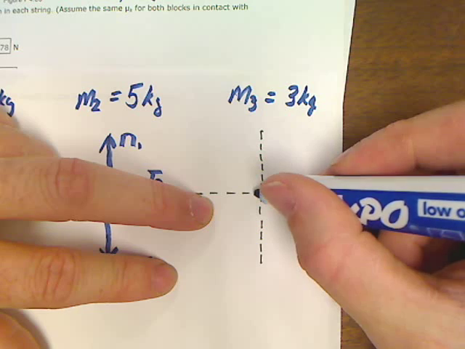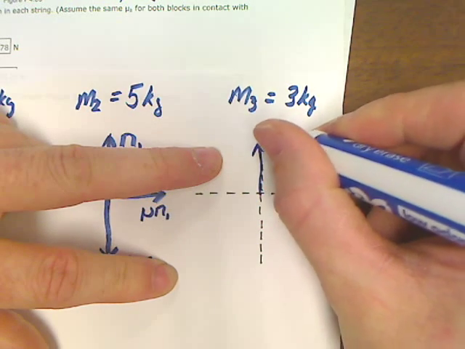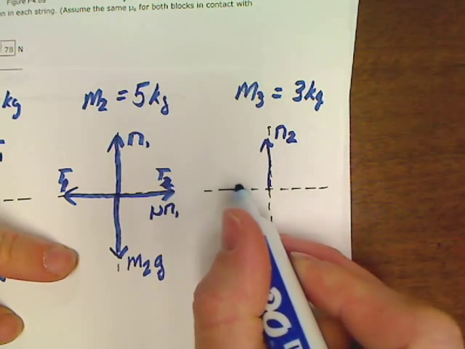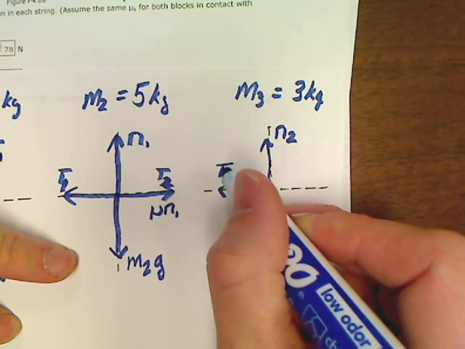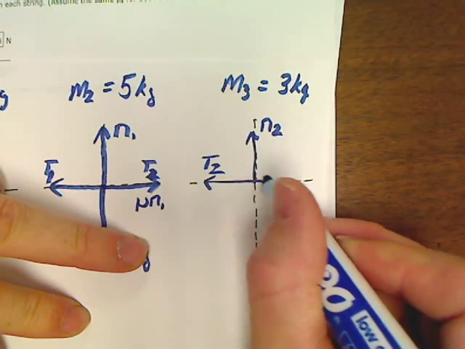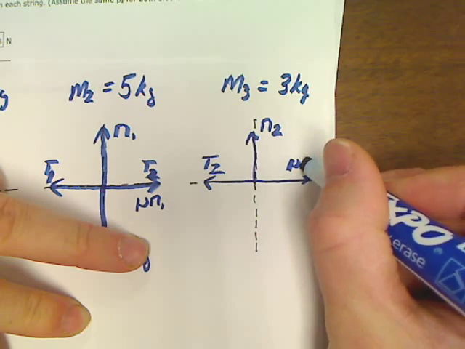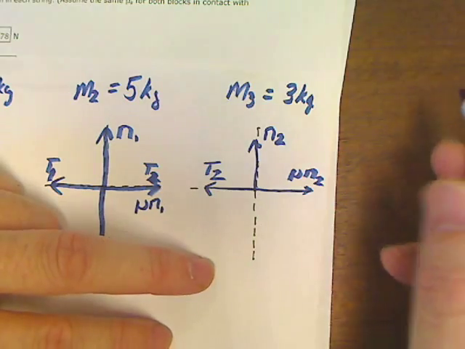So we're going to have, in this picture, an N2. We're going to have a T2. We're going to have a mu N2. Good grief, this is crazy.